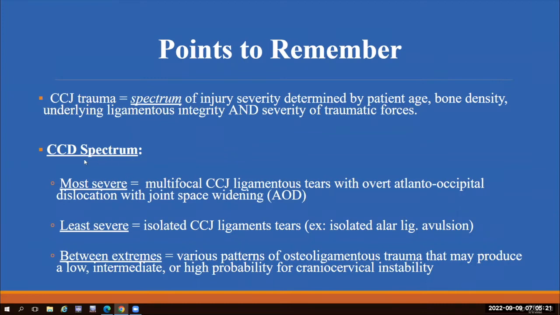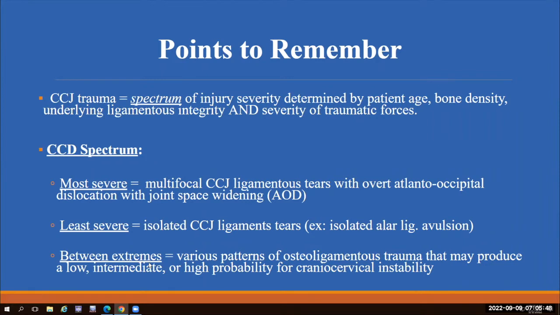As a spectrum, the most severe is a complete tear of all craniocervical junction ligaments, resulting in basically a closed decapitation injury or dislocation. The least severe are isolated tears of one ligament, for example an alar ligament avulsion. Between these extremes, there are various patterns of trauma you can get at the craniocervical junction.